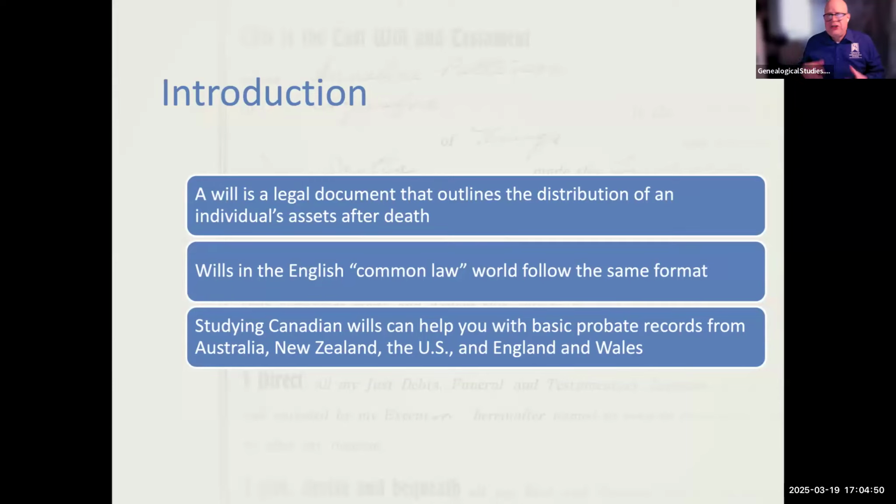Now, you will get unique legislative requirements in particular jurisdictions, but they're all premised on the same concepts that I'm going to be talking about today. So if you're not doing Canadian courses and you're just here to check out the presentation, but you are doing research in another jurisdiction like Australia, you should find this useful.